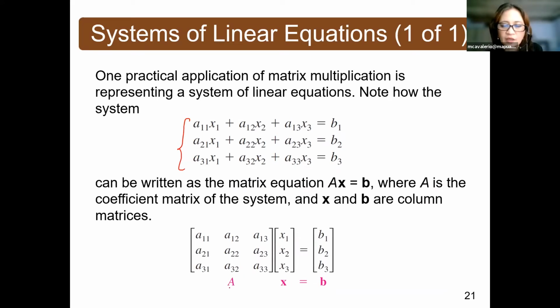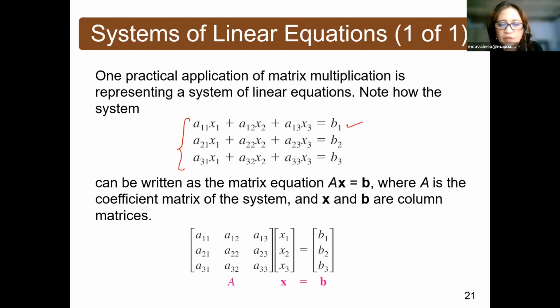Notice that when we perform the matrix multiplication, A times X equals B, we will end up with the system of equations. Say A11 times x sub 1 plus A12 times x sub 2 plus A13 times x sub 3 is equivalent to B1, which is your equation 1.